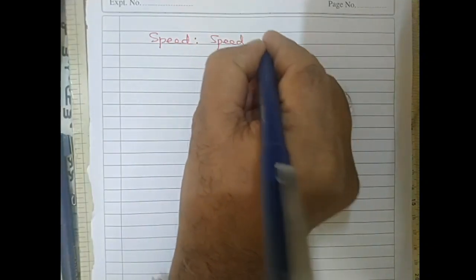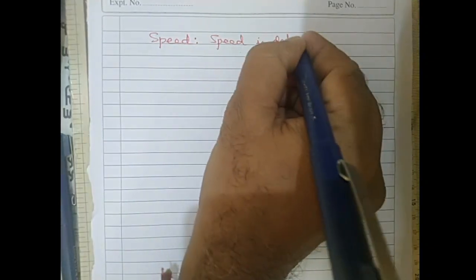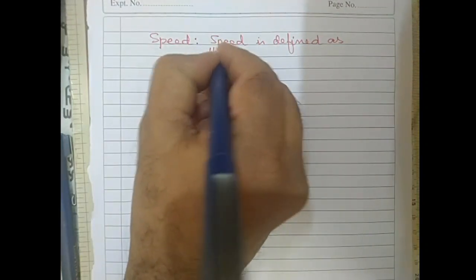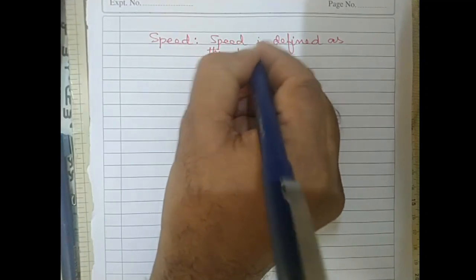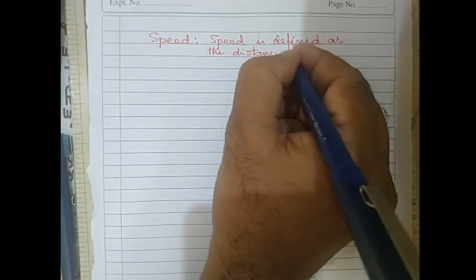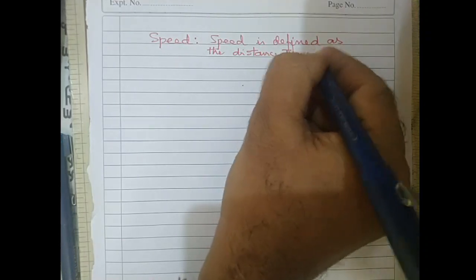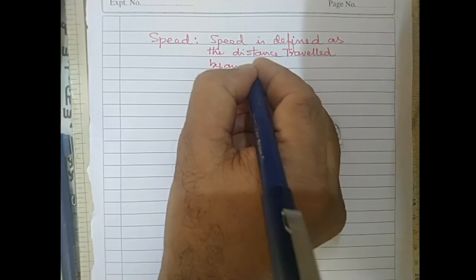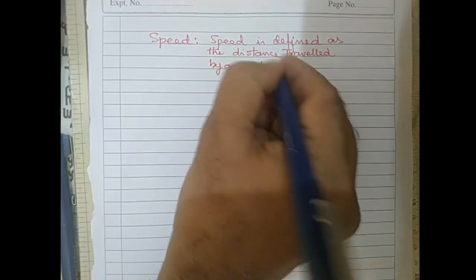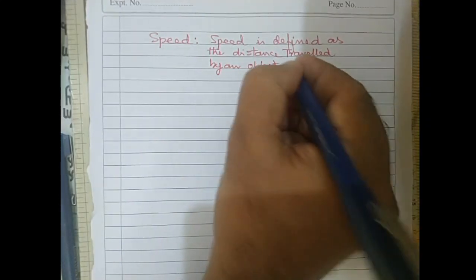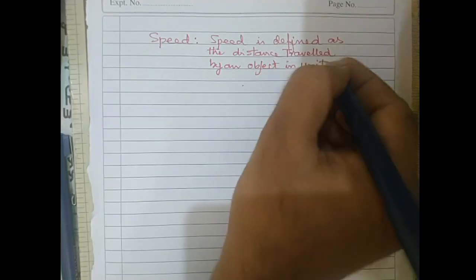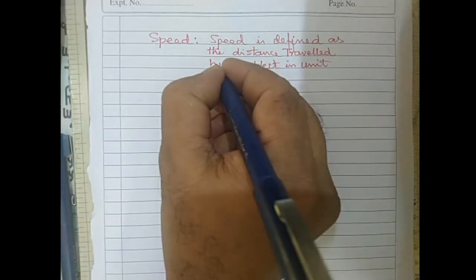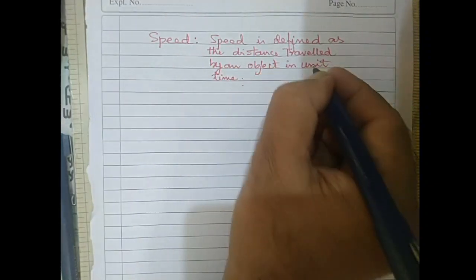Speed is defined as the distance traveled by an object in unit time.